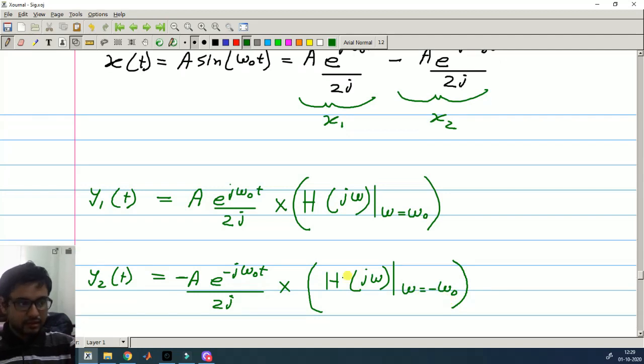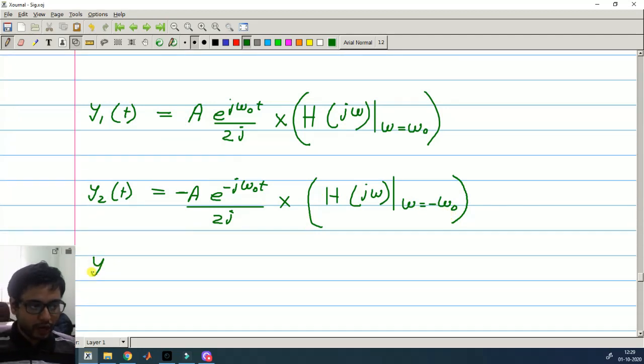And then the final output y(t) will be the sum of these two outputs, y1 plus y2(t).